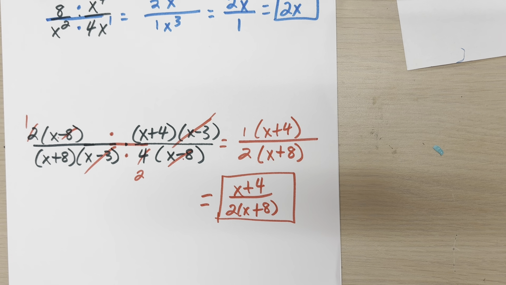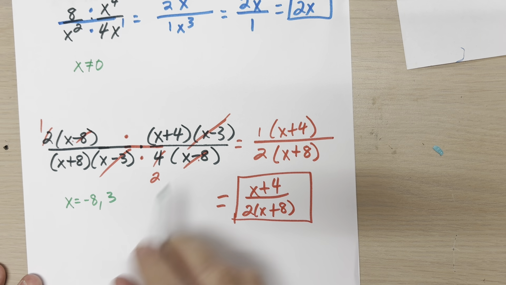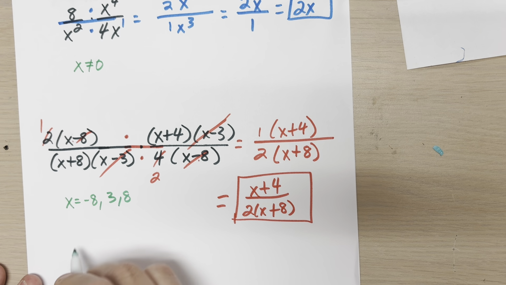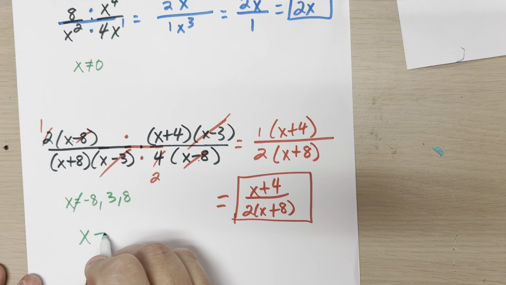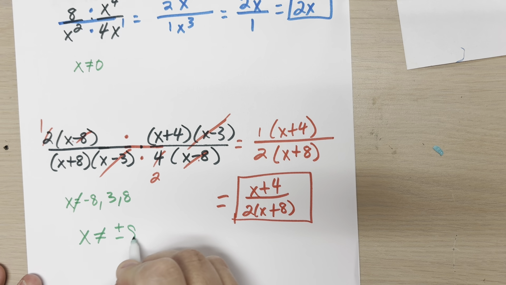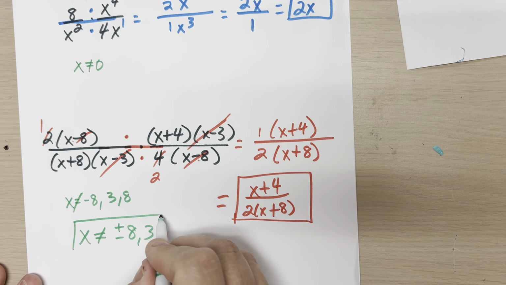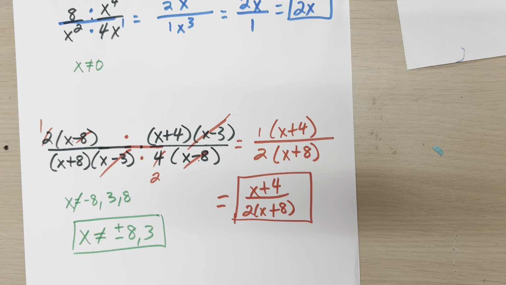If I'm looking at x plus 8, I know that -8 would give me a problem. X minus 3 would give me an issue. Over here, positive 8. Again, these are restrictions, so I might say plus or minus 8, 3. Every teacher is different in wanting this, so check with yours to see if they stress this or not. Some do, some don't, so that's up to you and them.